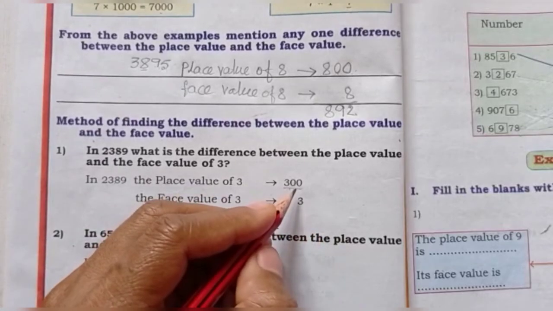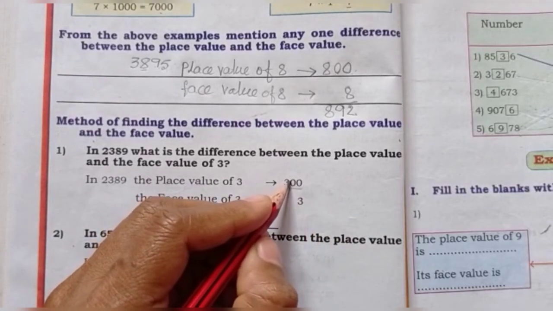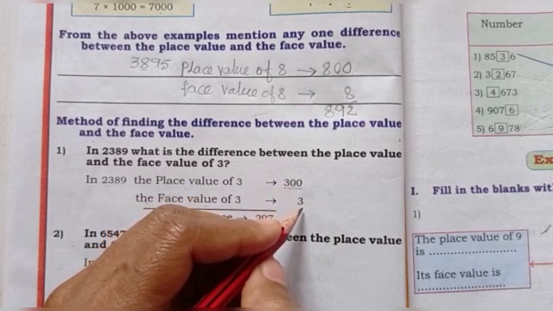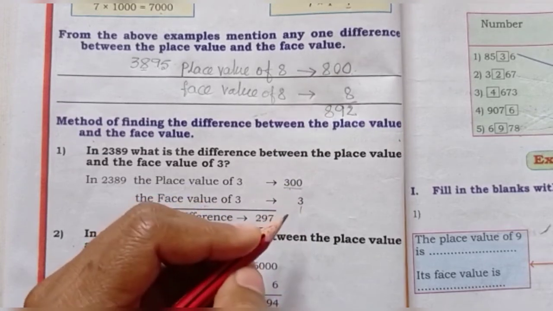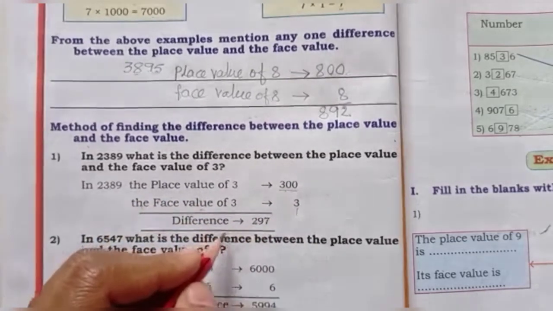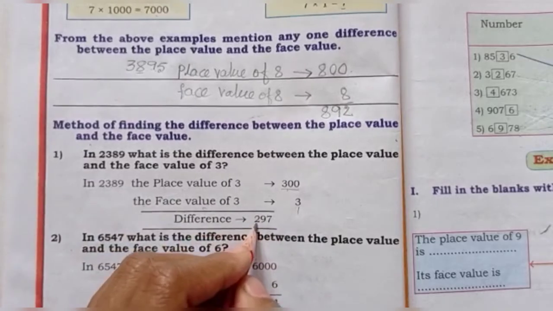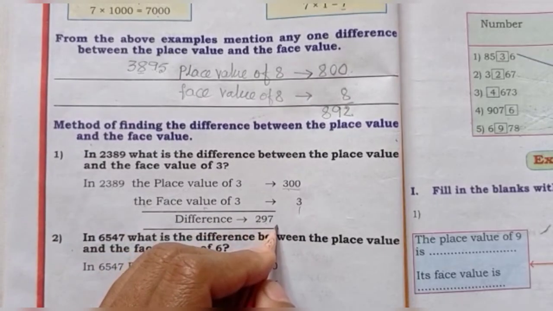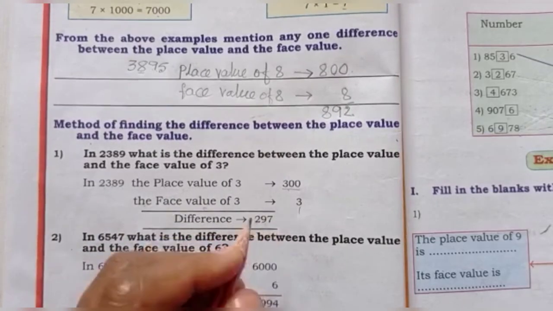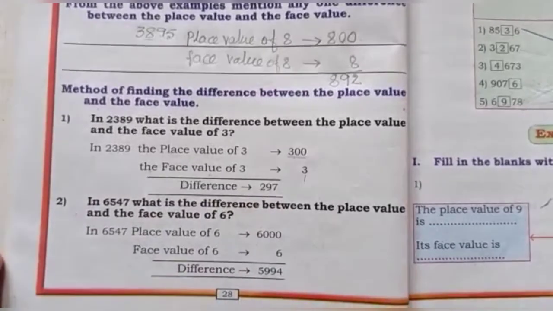So, we subtract, 300 minus 3. Observe here the difference, 297.